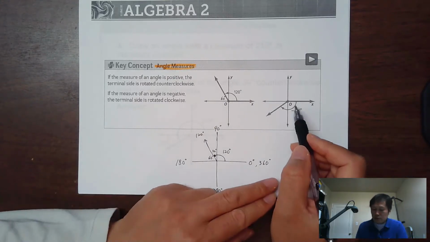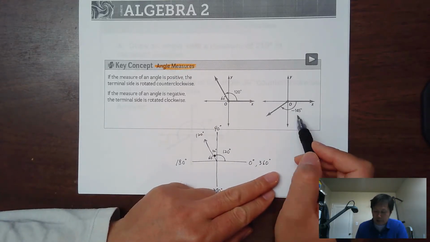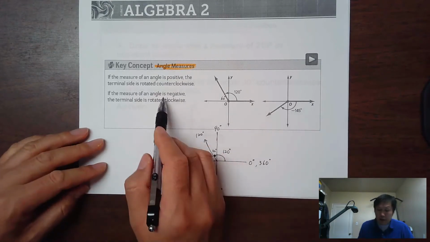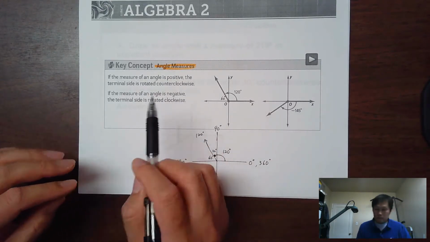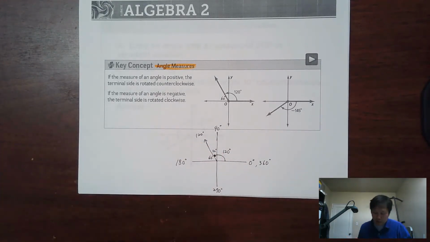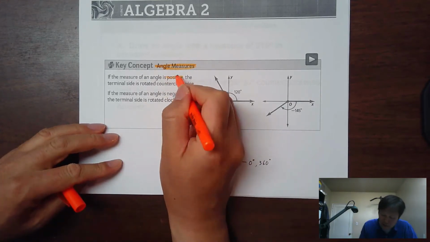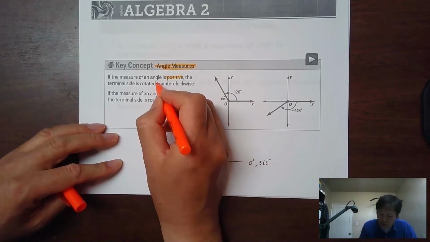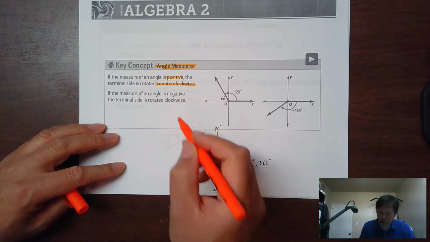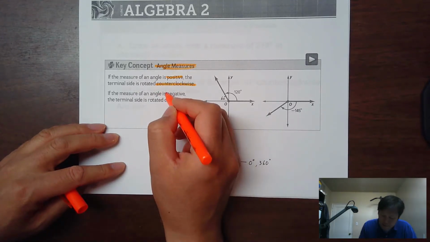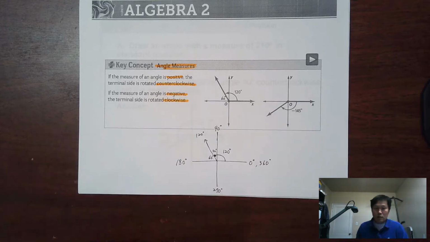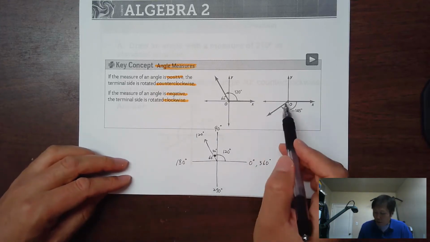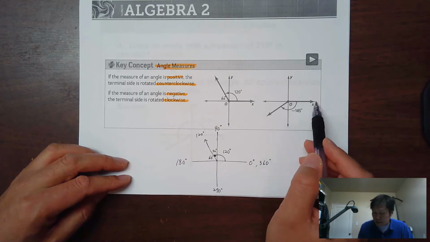If we ask you to plot minus 145 degrees, a negative angle: for a positive angle, you go counterclockwise. For a negative angle, you go clockwise. Start from the positive x-axis.